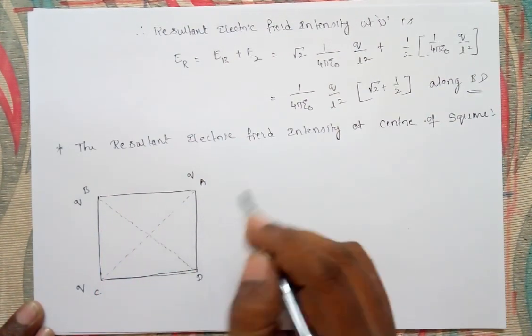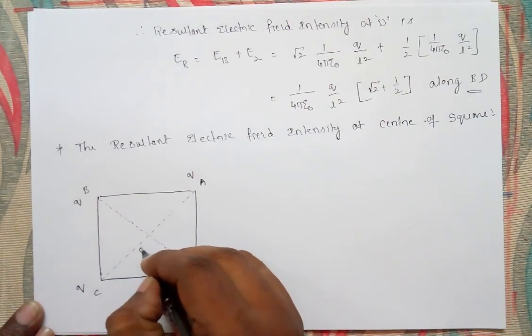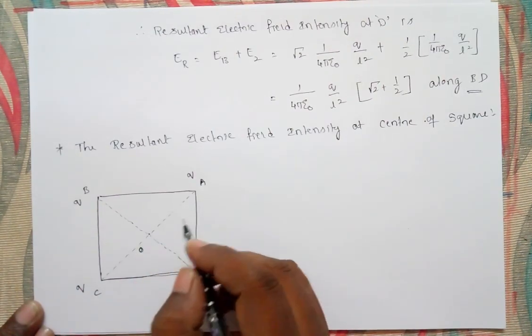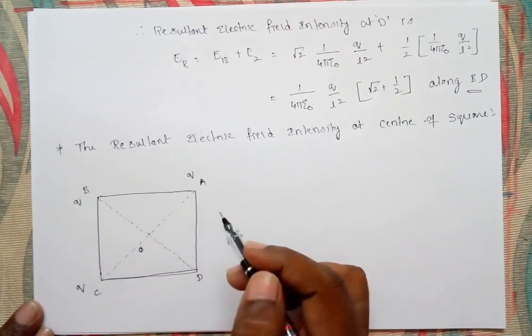That point we will call the center. The center is O. Here we want to find the electric field intensity due to these three charges.